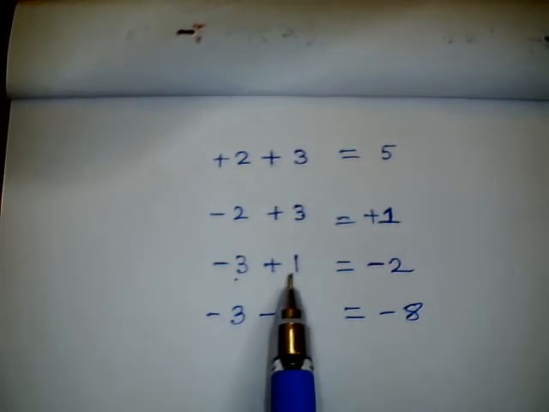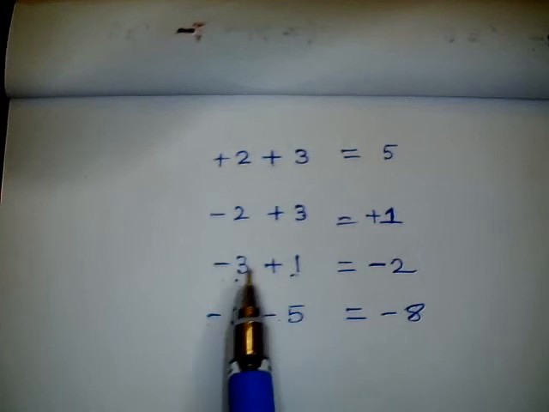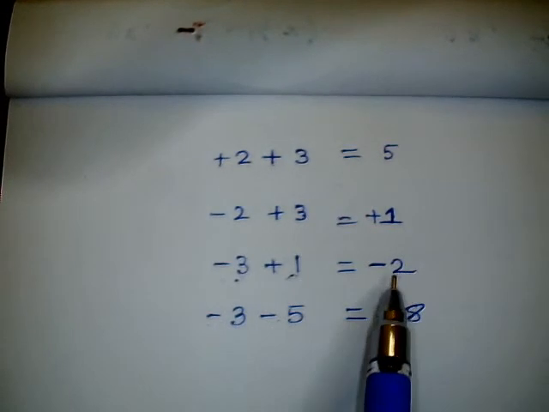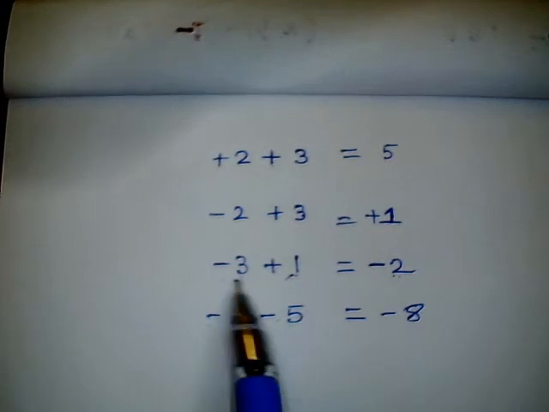First, without considering the sign, from the greater number you subtract the smaller one, so from 3 I have subtracted 1, it is going to become 2. And now you need to think about which sign this 2 which is left out will come with. The greater part is negative, so the negative sign will be left out definitely.